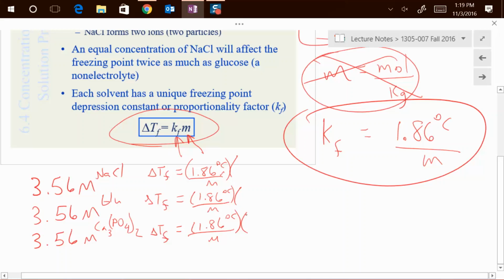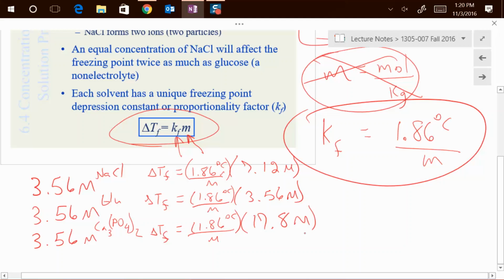Okay, to find the freezing temperature change for sodium chloride, I'm going to take my Kf, 1.86, and multiply it by what? Say it again. 7.02. Okay. For glucose, I'm going to multiply it by what? 3.57. Good. And for calcium phosphate, I'm going to multiply it by what? 17.8. Excellent.